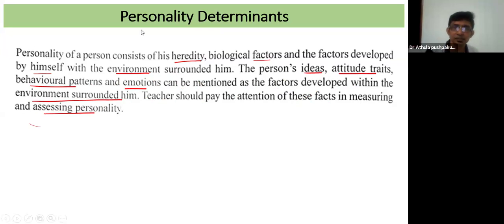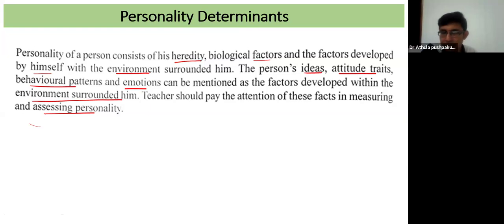Personality assessment is not easy, very difficult, right? When evaluating the personality of a student, it is a very difficult, not easy task. Why?